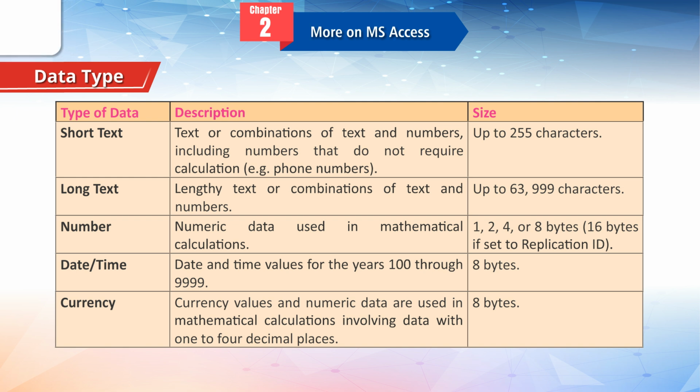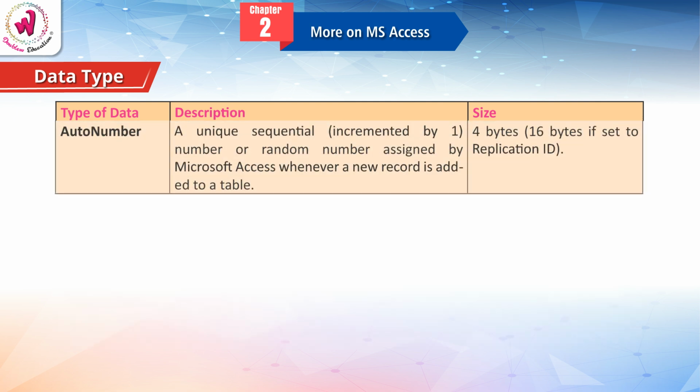Currency values and numeric data used in mathematical calculations involving data with 1 to 4 decimal places, 8 bytes. Auto number. A unique sequential number incremented by 1, or a random number, assigned by Microsoft Access whenever a new record is added to a table. 4 bytes.